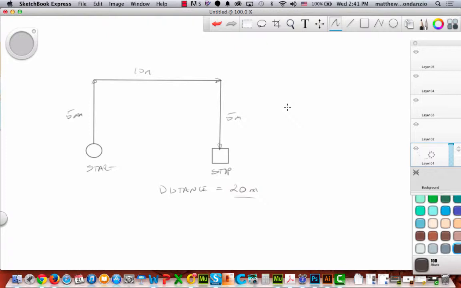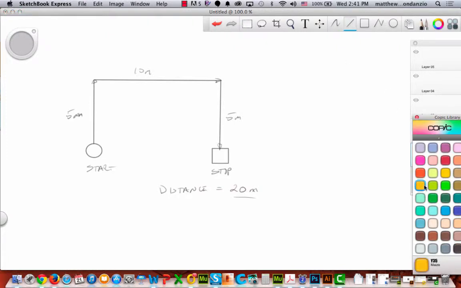10. Okay. So I'm going to draw a displacement vector from here to here. Here's my displacement vector, and that displacement is 10 meters. And am I done? Is that the answer?